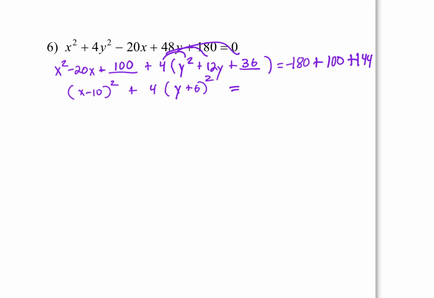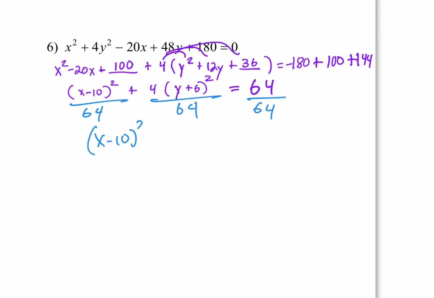Now when we do that, we've got negative 180 plus 100 plus 144, and that's equal to 64. Now what? Divide by 64. We have to set it equal to 1. It's a lot, and this stuff's hard, but it's stuff you guys can do.